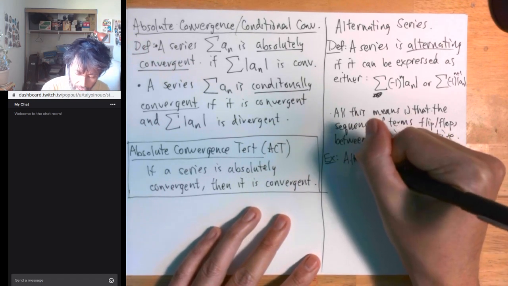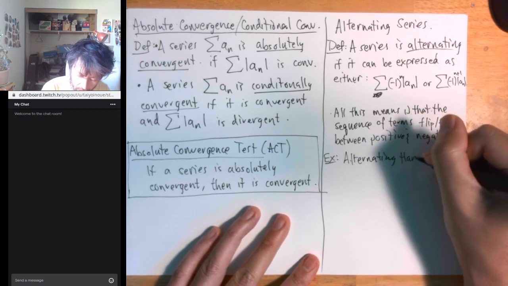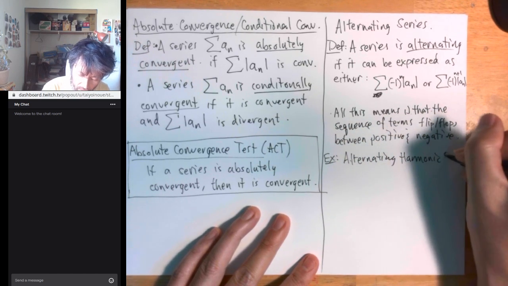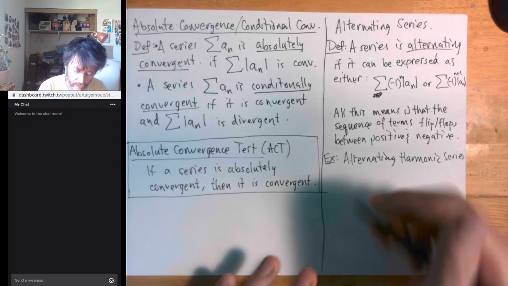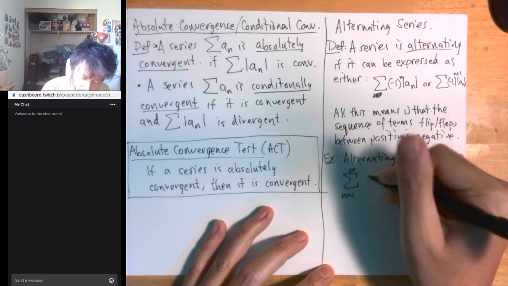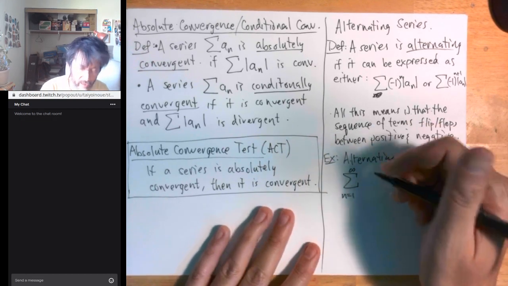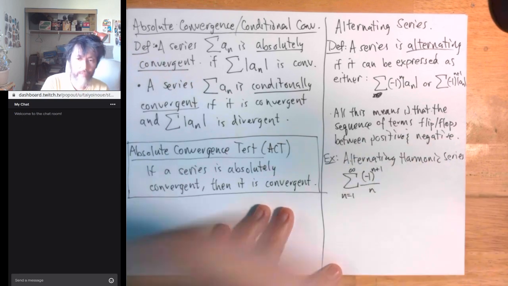It's called the alternating harmonic series. Here it is. It's the sum from n equals 1 to infinity of, let's see, I want to get the sign right, negative 1 to the n plus 1 power over n.